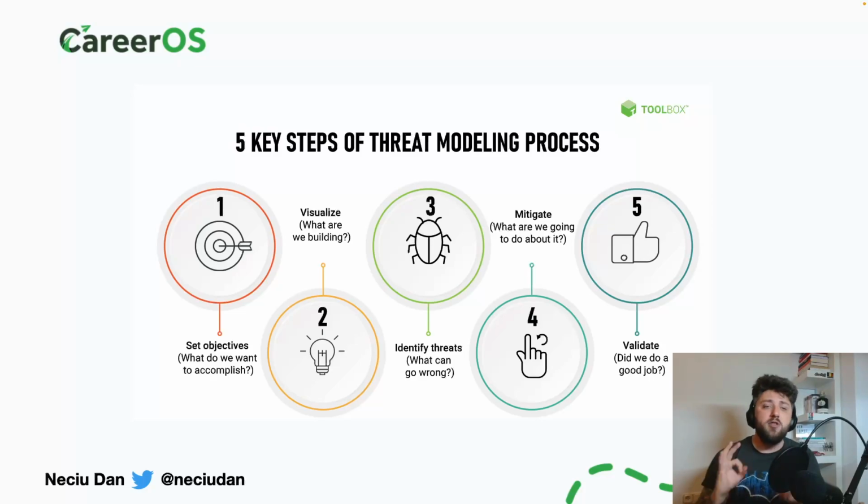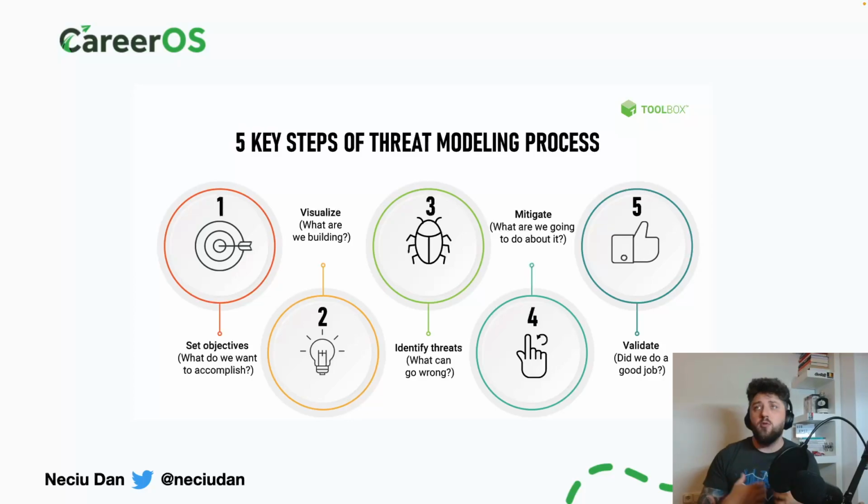Step 3, you start identifying threats. What can go wrong in your application? Here you can be as creative as possible and even go above the boundaries of what is possible inside your system. Then you mitigate. You create a series of tasks that define what we are going to do about it to make sure that what we found in the previous step does not happen to us.